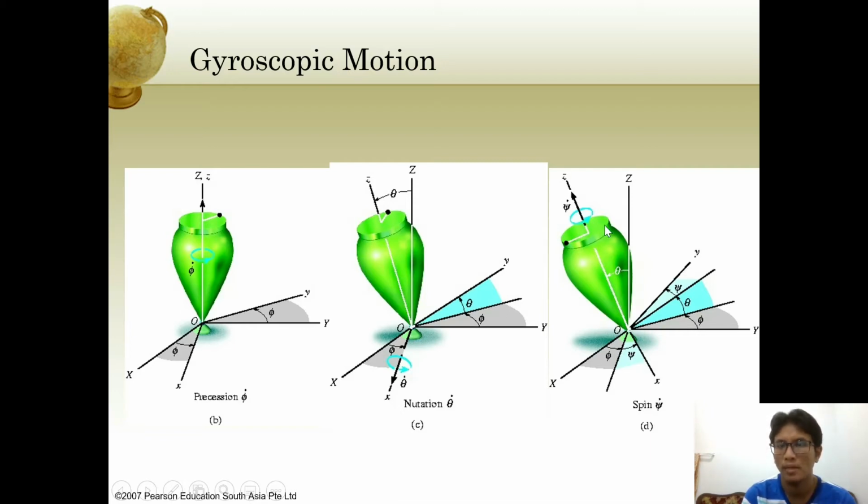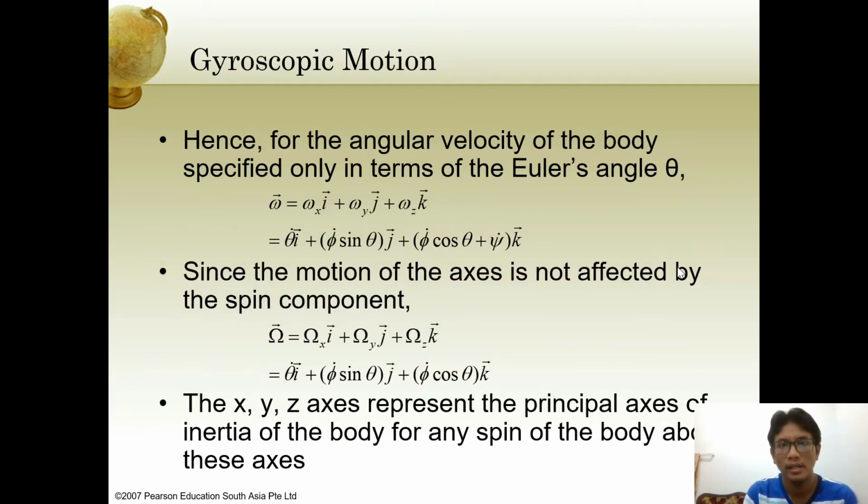C is not a component of the y-axis. It doesn't contribute to rotation in the y-axis. That's why in the y-axis there's no c component. Hopefully we understand that. So these are the components for the angular speed of the top of the object.